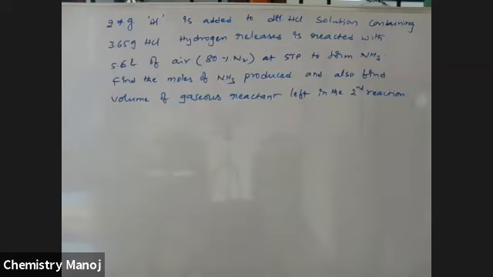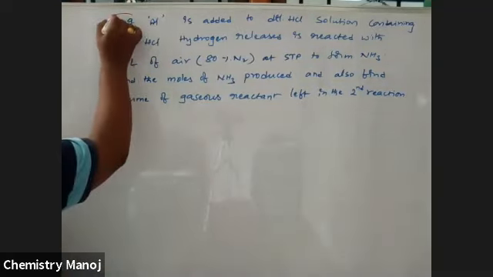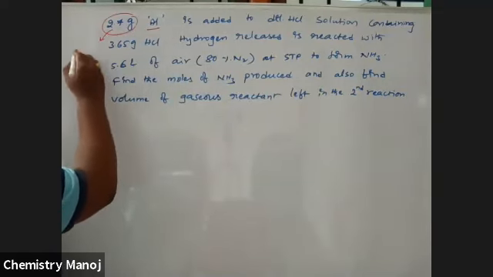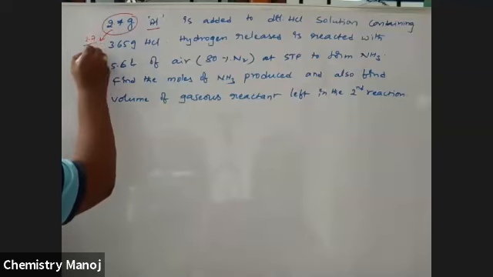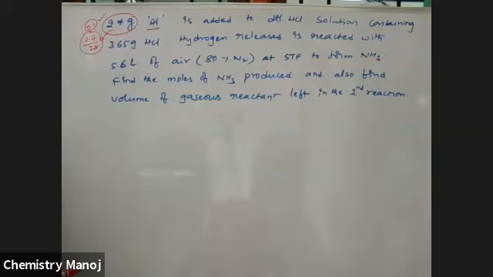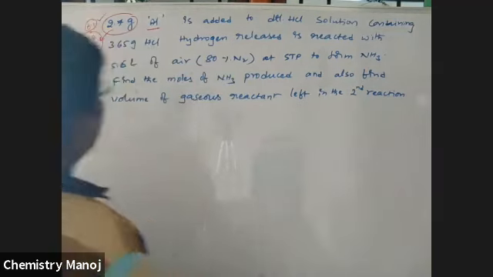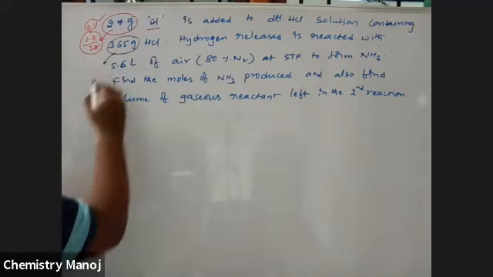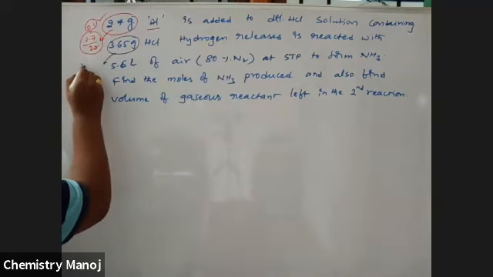What is the reaction? So first of all, 2.7 grams aluminum. Convert this value into moles. So 2.7 by 27 is equal to 0.1 mole. And 0.1 mole aluminum is added to dilute HCl solution containing 3.65 grams. 3.65 grams means 3.65 by 36.5.